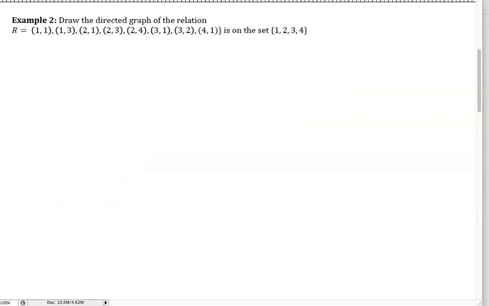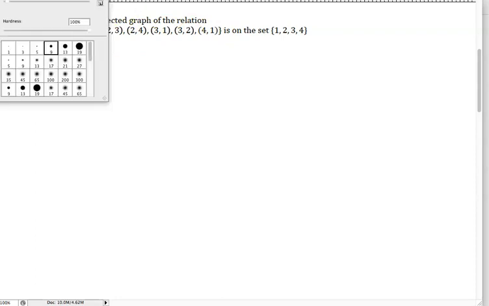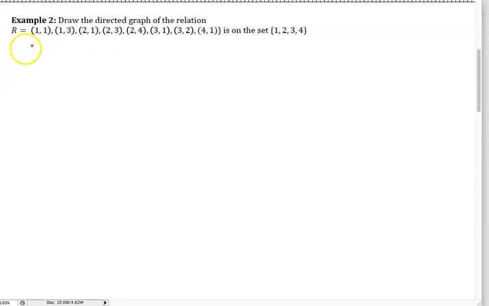We're going to draw the digraph of this relation on the set 1, 2, 3, 4. This is our set of vertices. The relation, the ordered pairs, are the edges, and they tell us which way to draw the arrows to show the direction of the relationship.